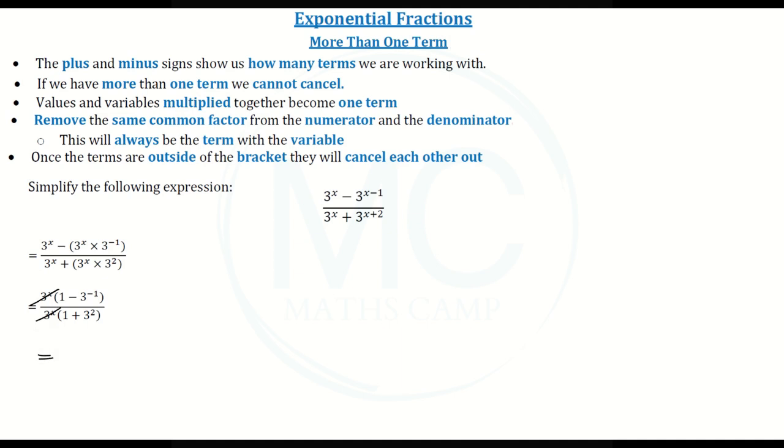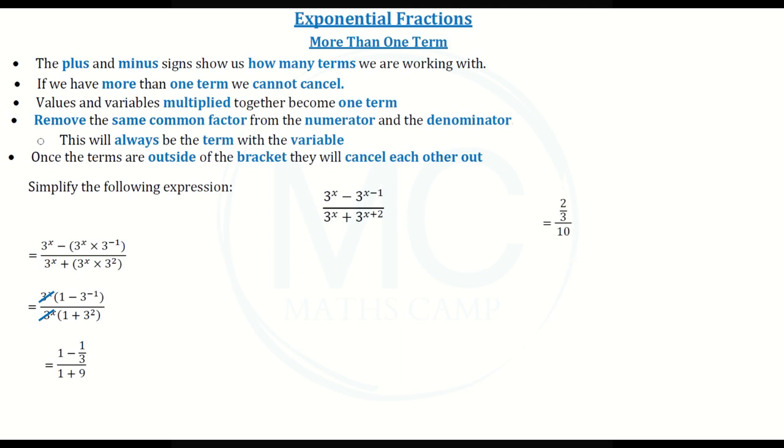And we're left with 1 minus 3 to the power of negative 1, which is 1 over 3, all over 1 plus 3 squared, which we know is 9. And now we can simplify. 1 minus 1 over 3 gives us 2 over 3. I'm going to write it over here. 1 plus 9 is 10 over 10.